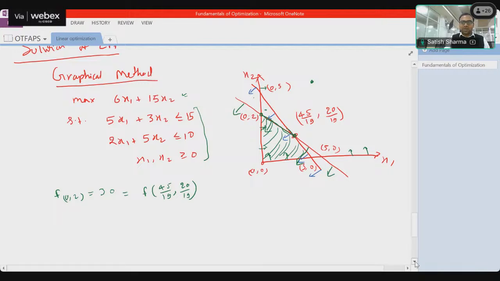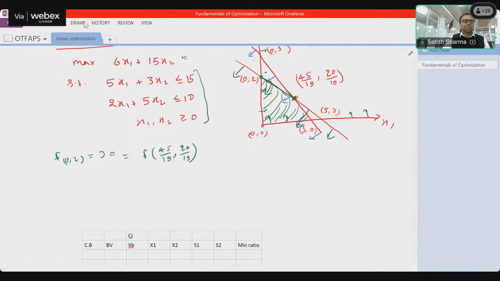Now let's see another example with a finite number of solutions.